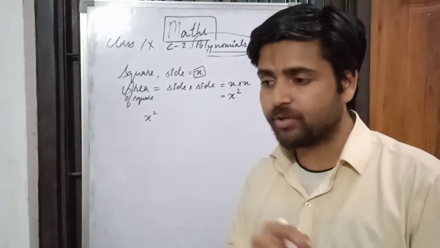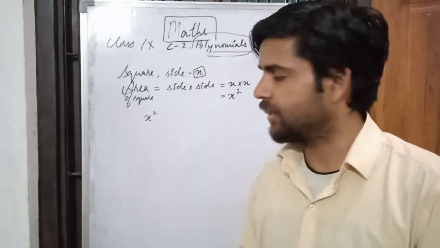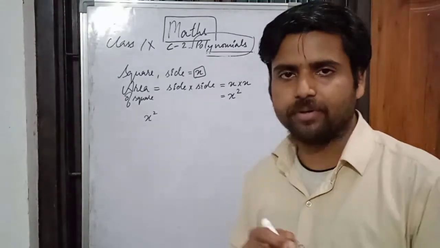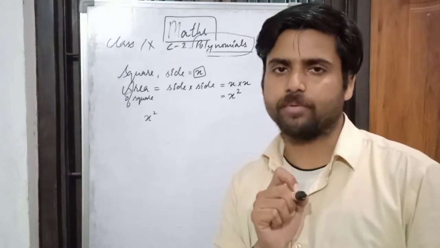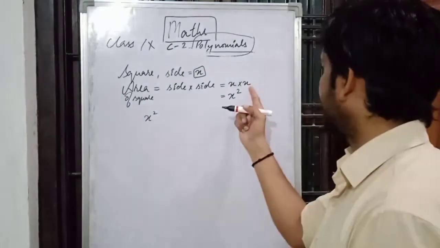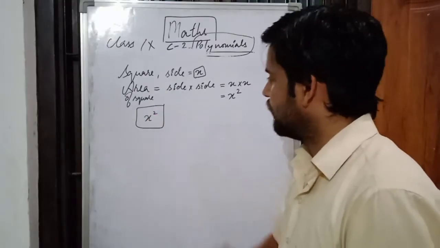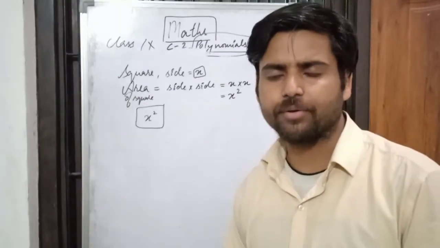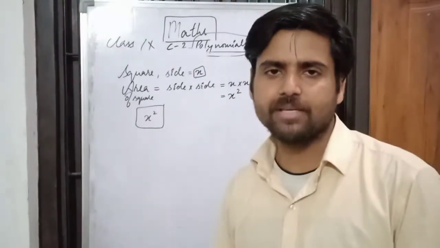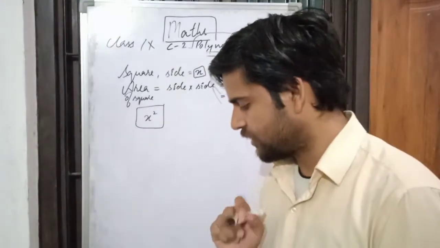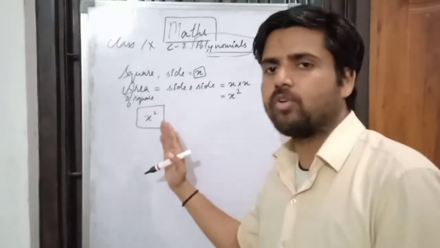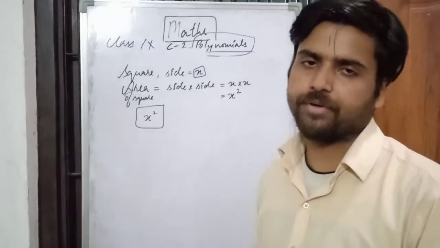Now here one thing you must note is that there is only one type of variable, and that is x. So in this polynomial, or expression, you have a single type of variable, that is x. So it's a polynomial in one variable.